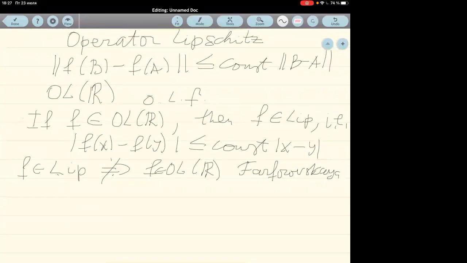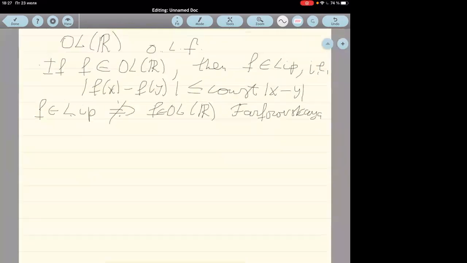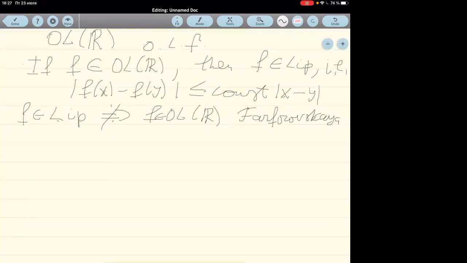Well, and then the problem was which functions are actually operator Lipschitz. It turned out that this class of functions has many peculiar properties.